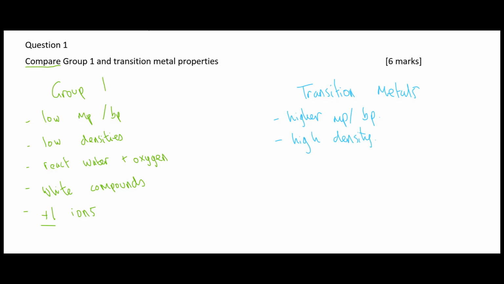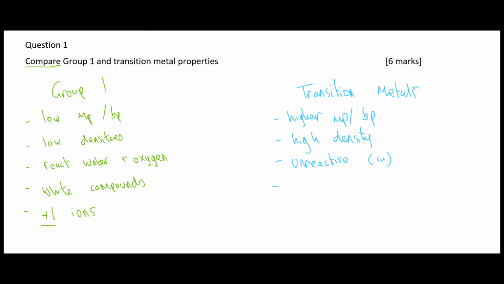When you place a transition metal in water, it will usually sink to the bottom. The transition metals are fairly unreactive. They don't really react with air and oxygen and water. And this is why we use copper. Copper is a transition metal. This is why we use copper for pipes.